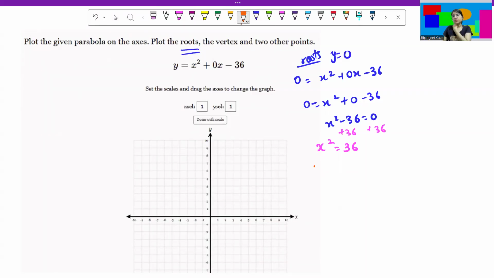If we take the square root on both sides, we get root x square is equal to root 36. What are the values of these? Of course, since we are taking the root, it's a plus minus then.